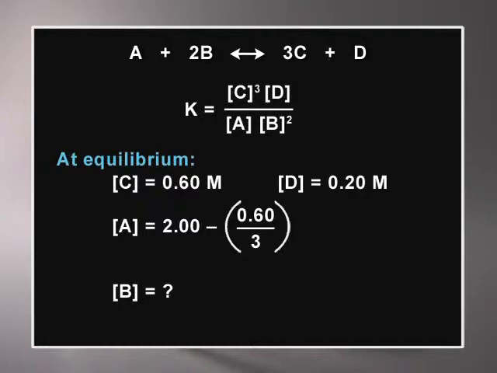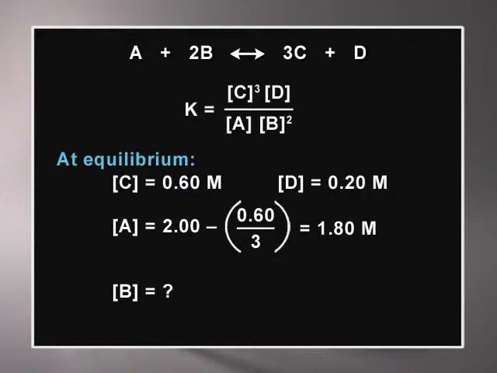This means that when I finally reach equilibrium, the amount of A remaining will be 2 moles per liter that I started with, minus the 0.2 of a mole per liter that was consumed, or 1.8 moles per liter of A remaining. What about B?